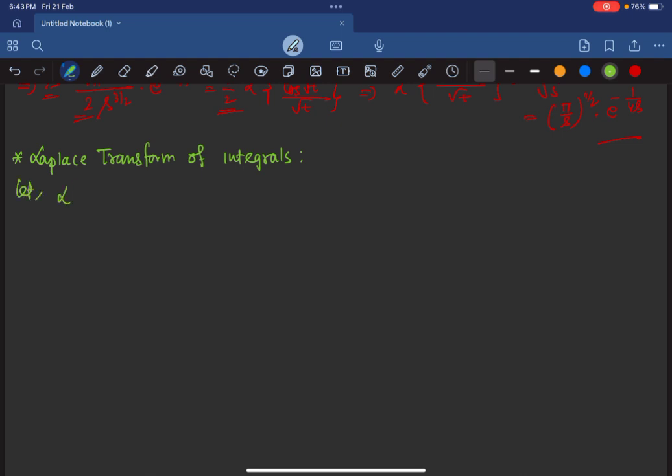Again, let Laplace transform of f(t) be F(s), then Laplace of the integral from 0 to t of f(u) du is given by F(s) by s, provided s is greater than 0. So Laplace of this integral 0 to t f(u) du is given by F(s) by s. If you are interested, you can always do the proof.